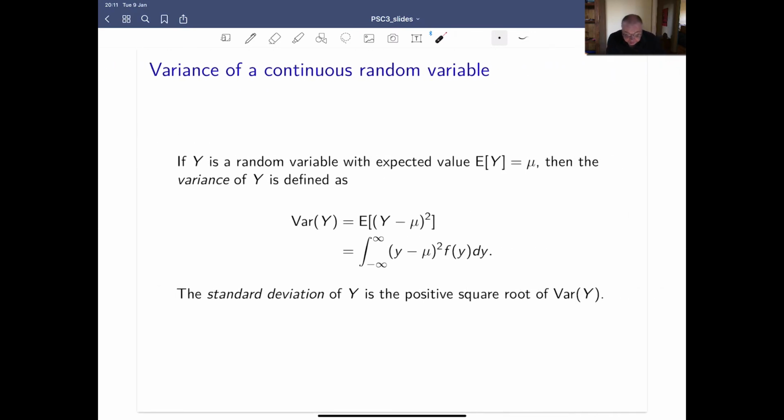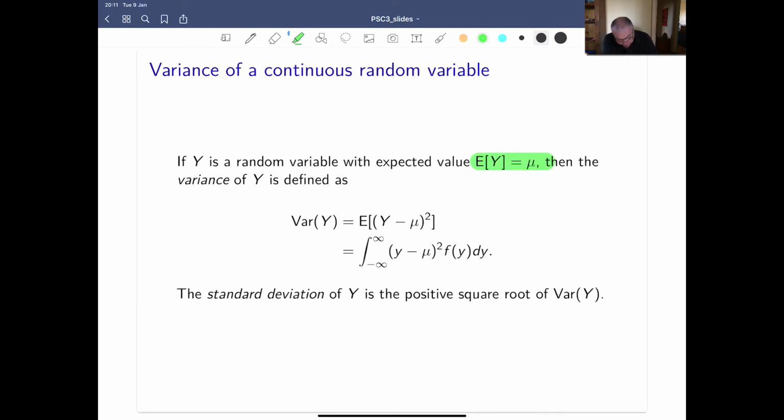Well, we can use that idea now to define the variance. Remember, our expectation is a measure of location, our variance is a measure of spread. To make the notation slightly easier, let's call the expected value of Y mu.